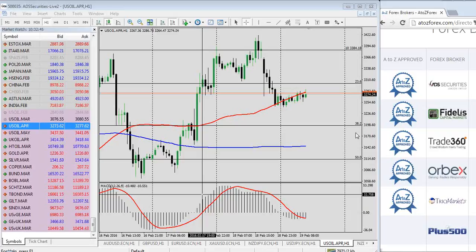So define your support and resistance. If you are buying on gold, put your stop loss at least $2 below the support. If you are selling, put your stop loss at least $2 above the resistance.